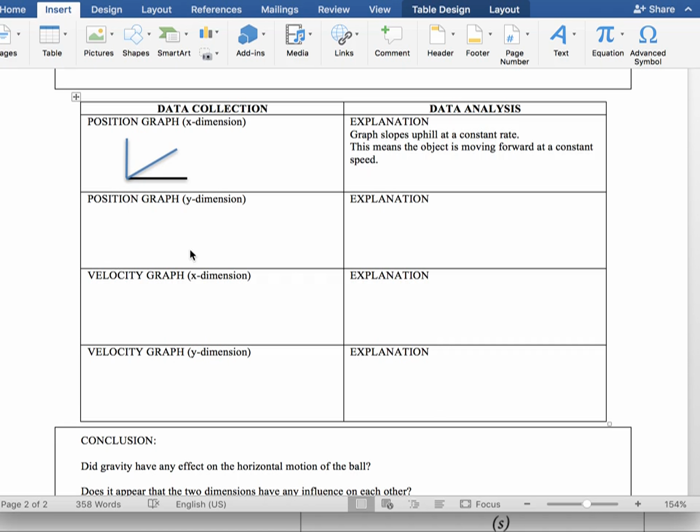If we wrote down a number with the graph, I want you to tell me what that number means. And then when the students are finished, you can turn the video back on and I will show you some answers and we can finish our lab report. So pause the video now.